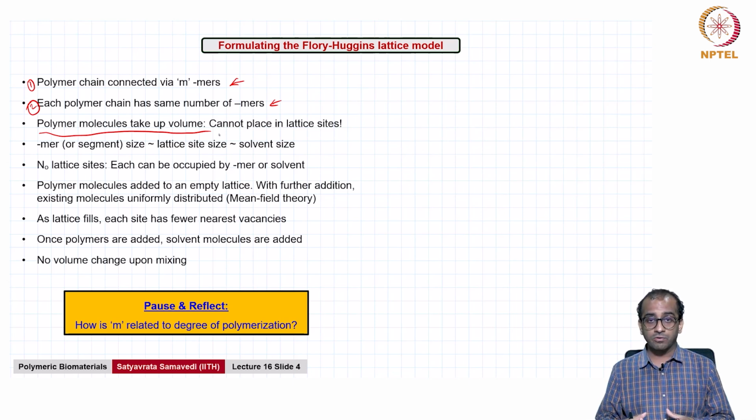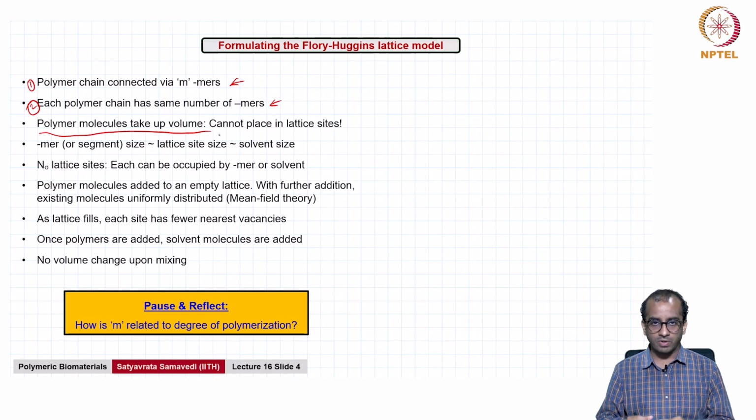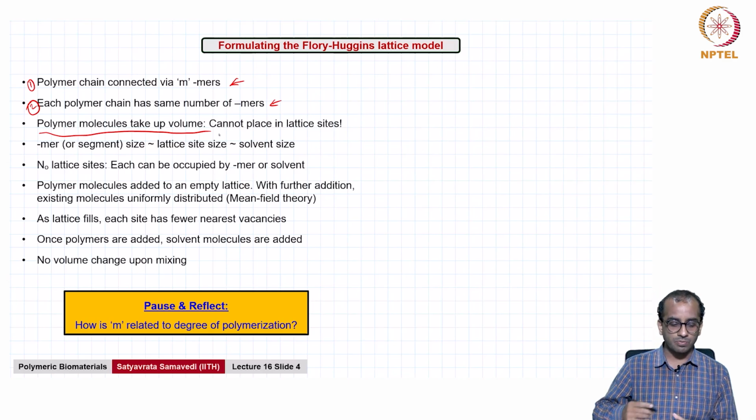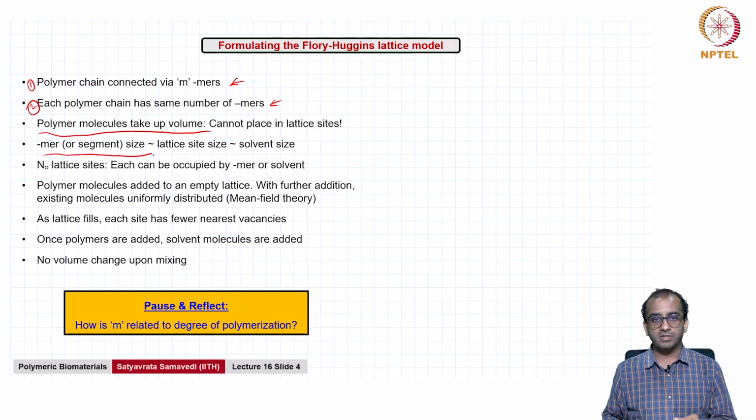Now, one thing we have to do is to understand how we are going to place this long chain onto the lattice site. So, one thing is very clear, you cannot place the entire chain onto one lattice site because of the size differences. One way Flory and Huggins get around this problem is to assume that the mer or the segment size that you are talking about is comparable to the lattice site size, which is in turn comparable to the solvent size.